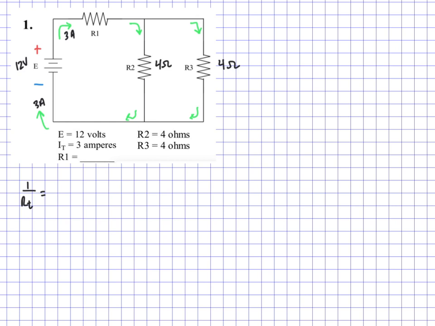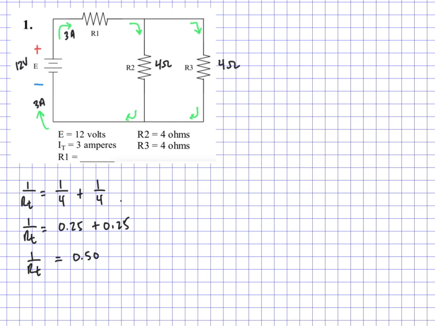So let's go back there. And I'm going to put in here for that value: we've got 1 over 4 plus 1 over 4, which is going to be 1 over RT is equal to 0.25 plus 0.25, which means we've got 1 over RT equal to 0.50.